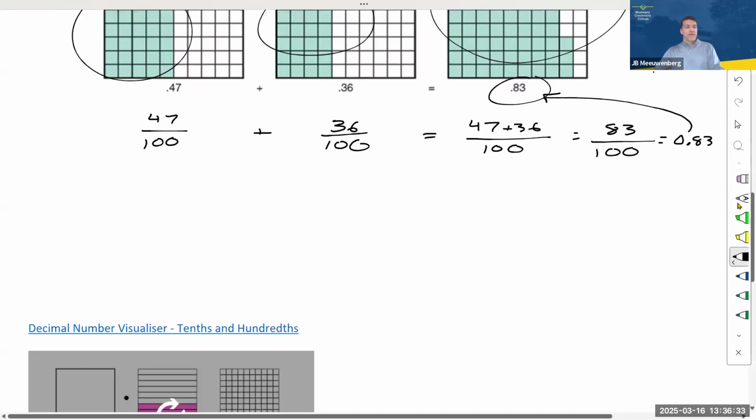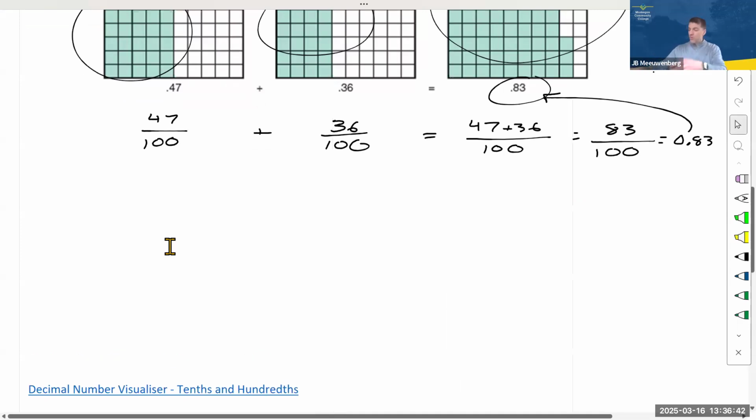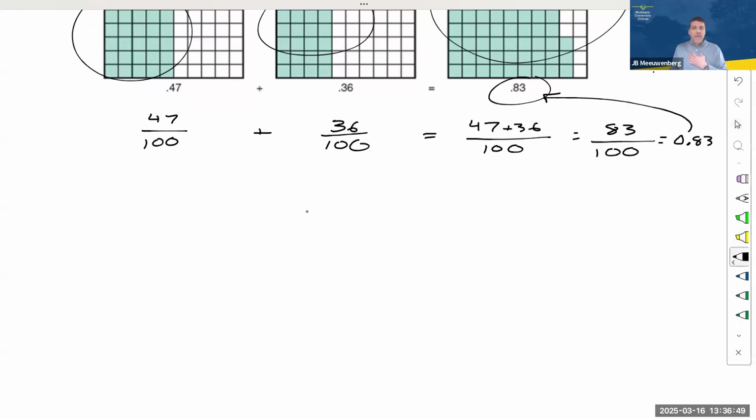Now, when we use our traditional paper and pencil algorithm, which on the competency test, you will probably use that approach, you have to do some aligning of your decimals properly. We'll talk about how we do that.